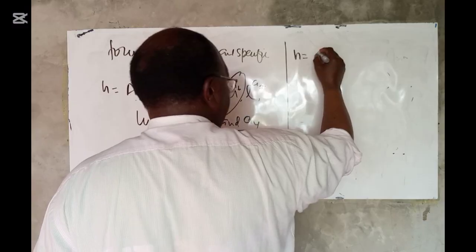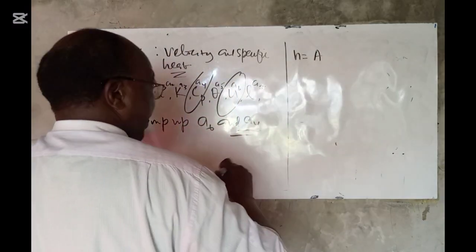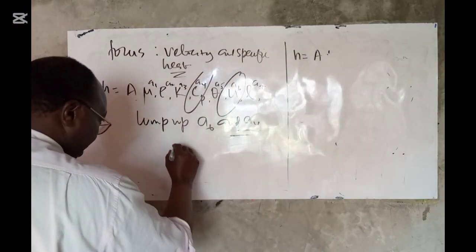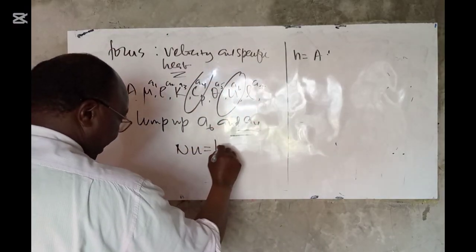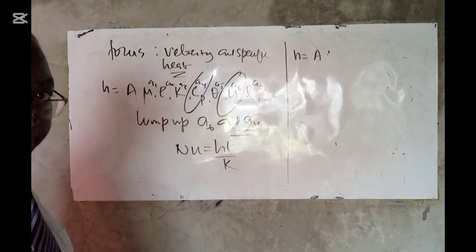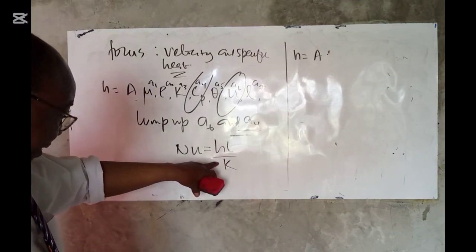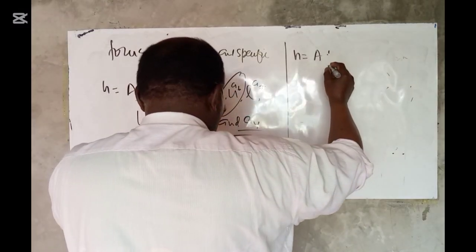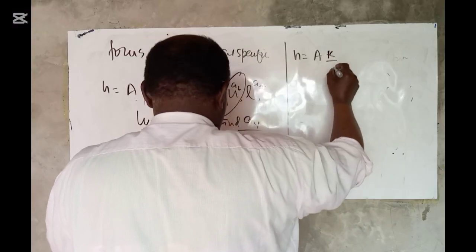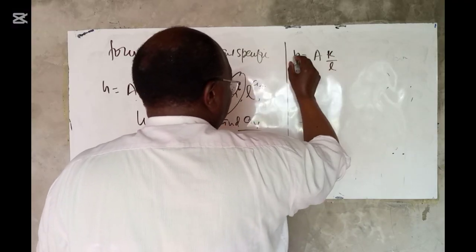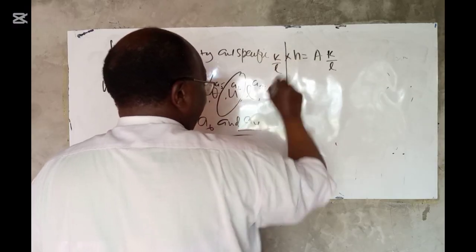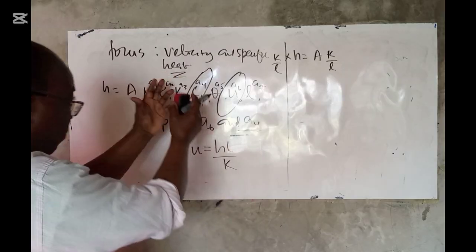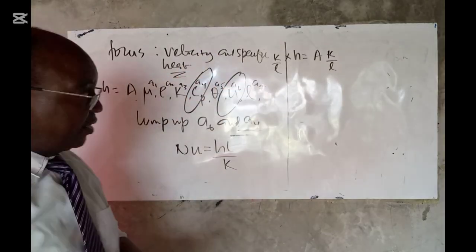H is equal to A. Now, remember the Nusselt number was HL over K. So if we multiply H by K over L, and we multiply this side by K over L, then we can have our quantities, focusing on the group of the specific heats and the group having the velocity.